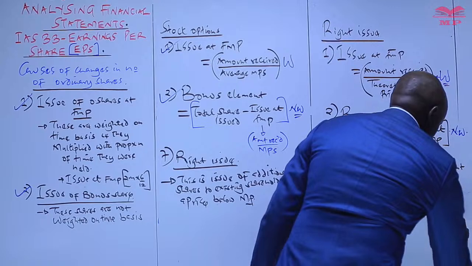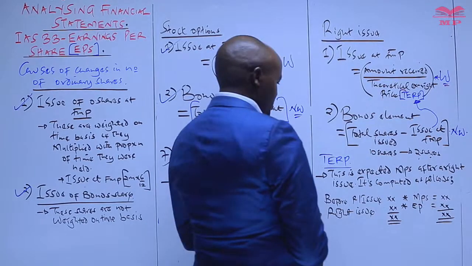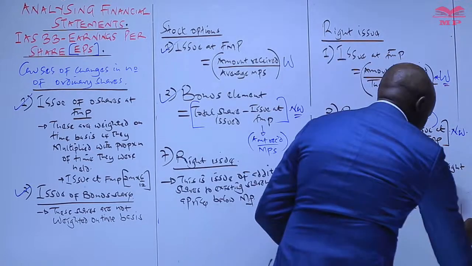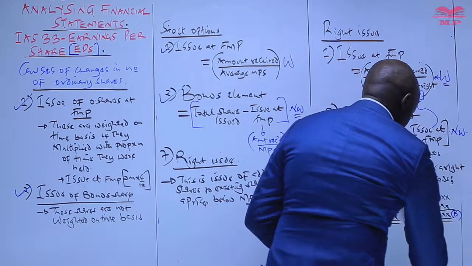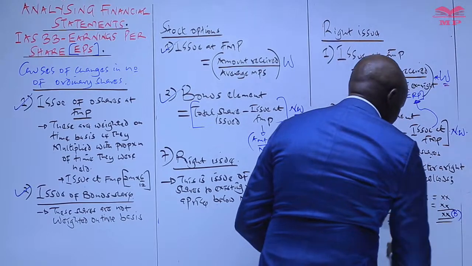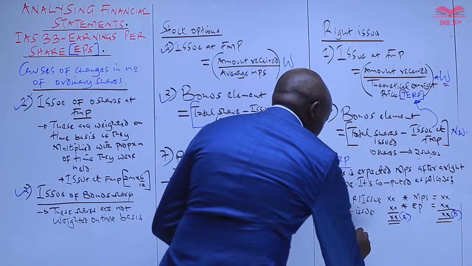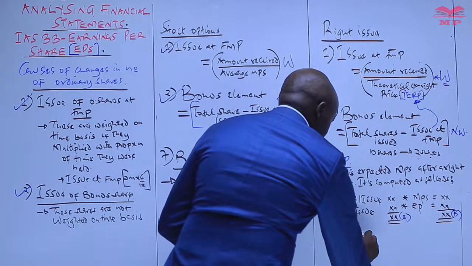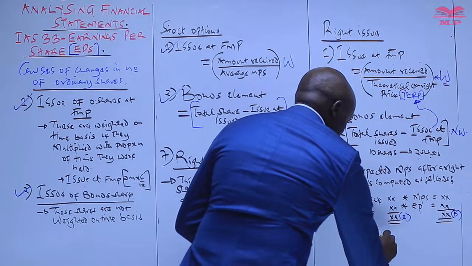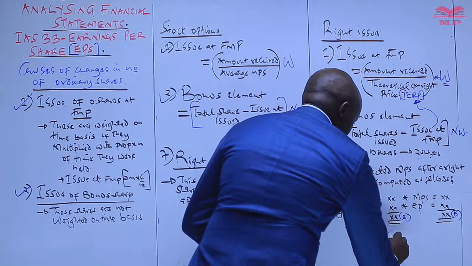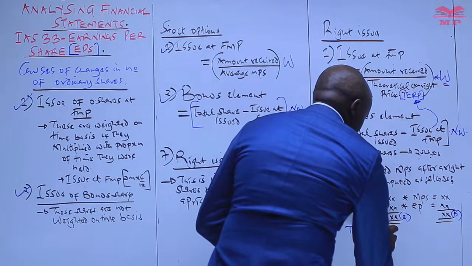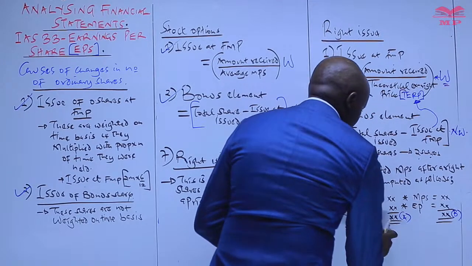Let's assume that we have gotten a value of B here, and a value of A here. To compute the theoretical ex-rights price, we take B divided by A. That will give us the theoretical ex-rights price.